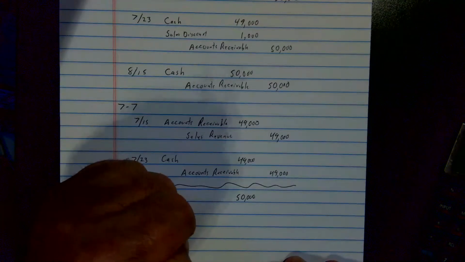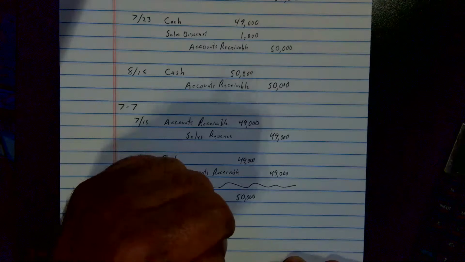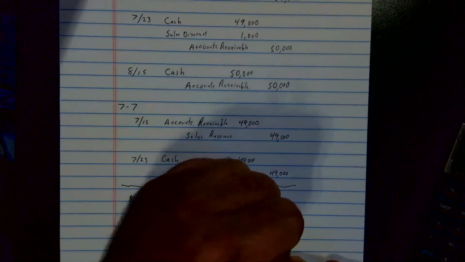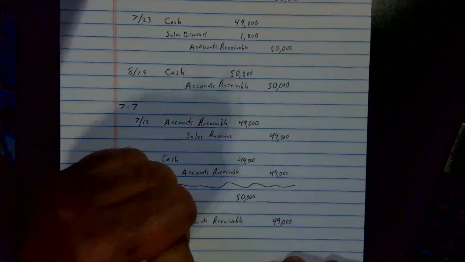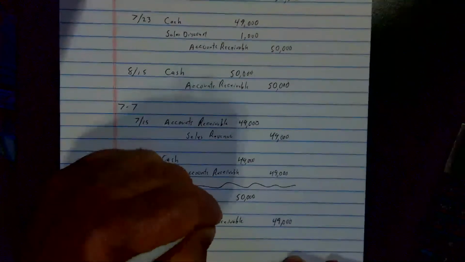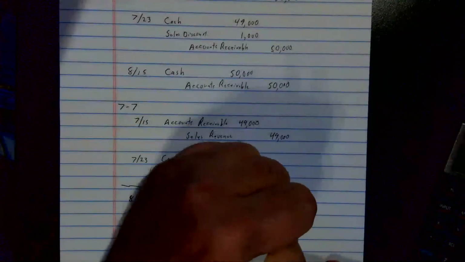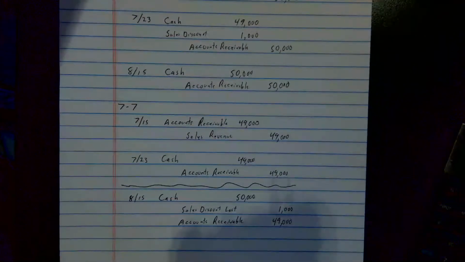I'm going to write off the accounts receivable, and that'll be $49,000. And we know we have to balance, so it's the discount lost. We write it as sales discount lost for $1,000. That sales discount lost is actually an extra revenue account.